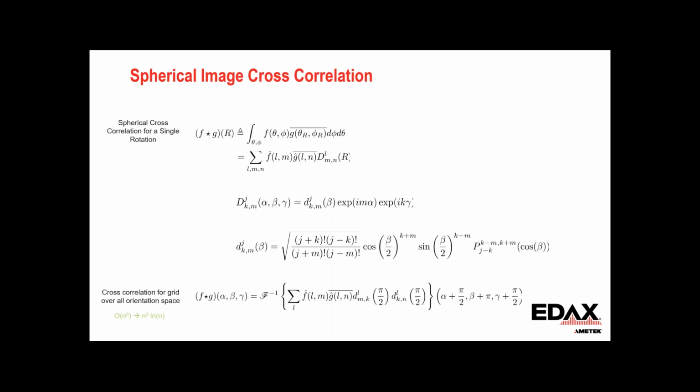And there is an exact analog to the convolution theorem. It's just the math is significantly more ugly. But the important point is down in the bottom left here, which is that it reduces the complexity from n to the 5 to n cubed log n, which is again a significant speed up.